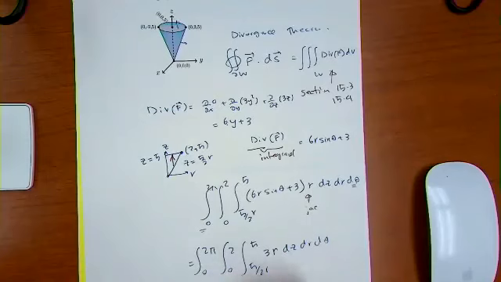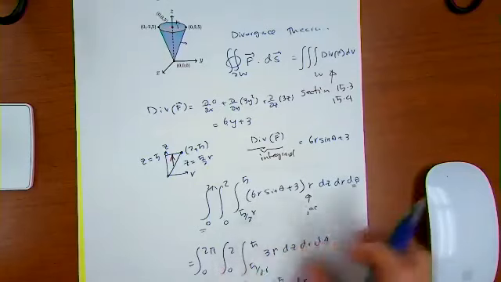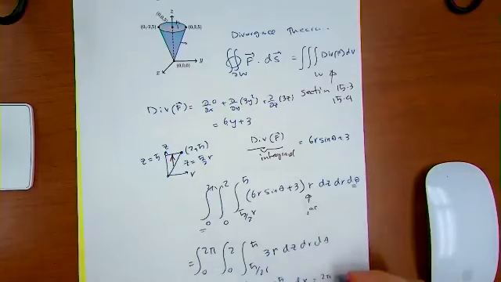I can even write it this way: that part, and then 0 to 2 pi, and the inside integral is z going from 5/2 of r to 5, and then dr. The d theta is over there, so I have a 2 pi. I kind of took the inner integral out of the outer one.